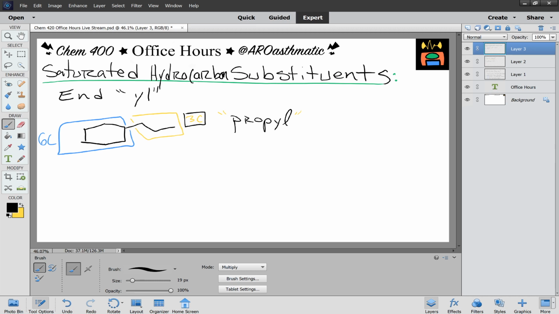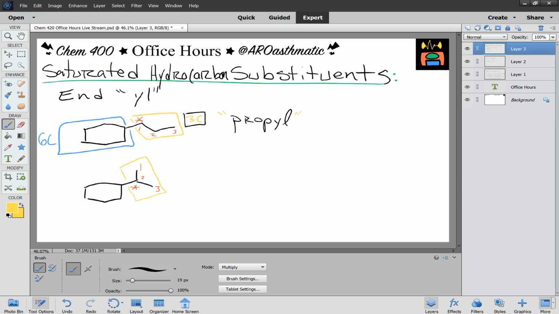Now, notice that there is actually more than one way to attach this 3-carbon side chain. Here in the first one, it's attached at carbon 1, but it's also possible to draw this structure where the point of attachment is actually on the 2nd carbon of the 3-carbon side chain.